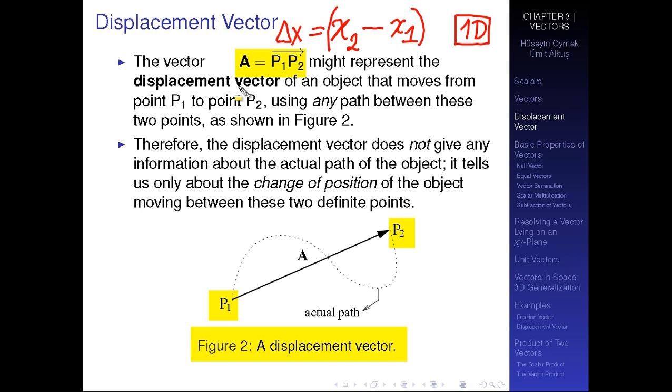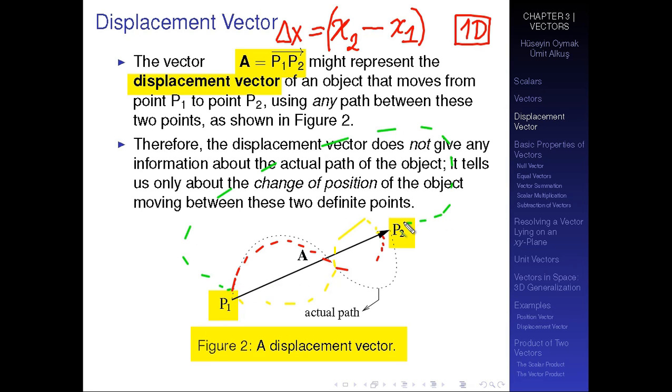It is important to note that the displacement vector does not tell us the actual path. In fact, the actual path might be this one, or this one, or even this one.